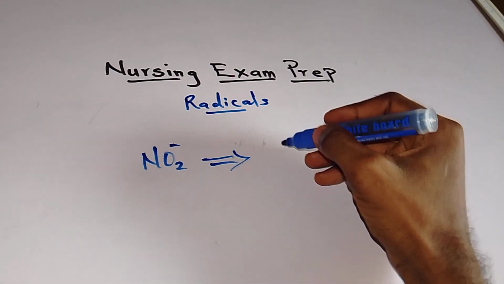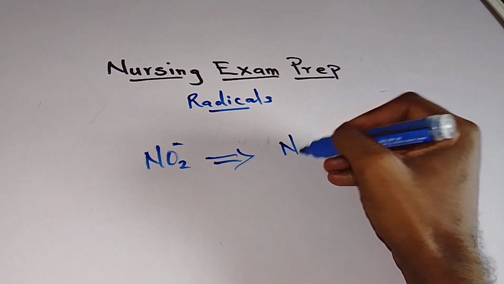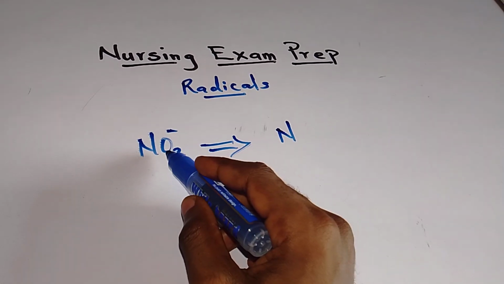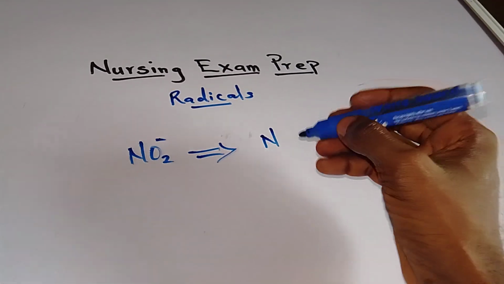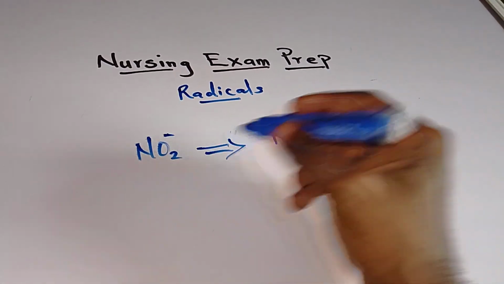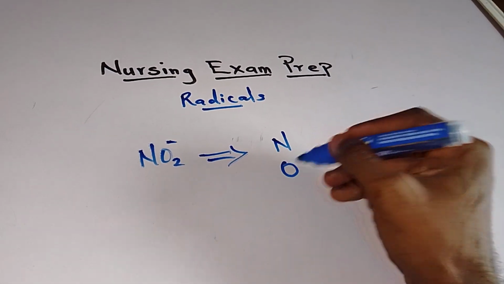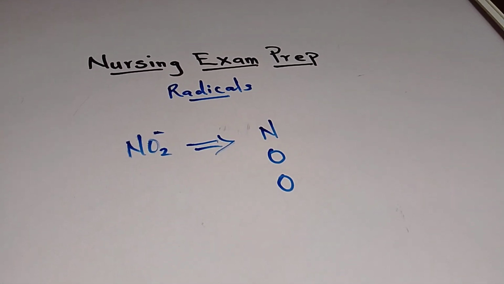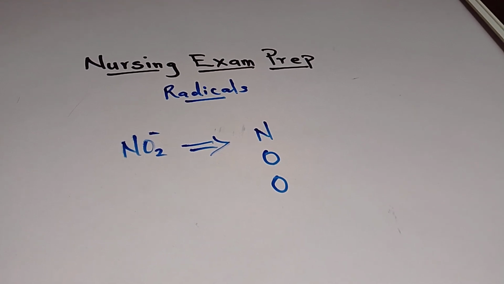This is what you do. If you look at this radical, we have 1 nitrogen and 2 oxygen. I want you to split the oxygen atoms, like O here, and another O here. That gives us the 2 oxygen we have.